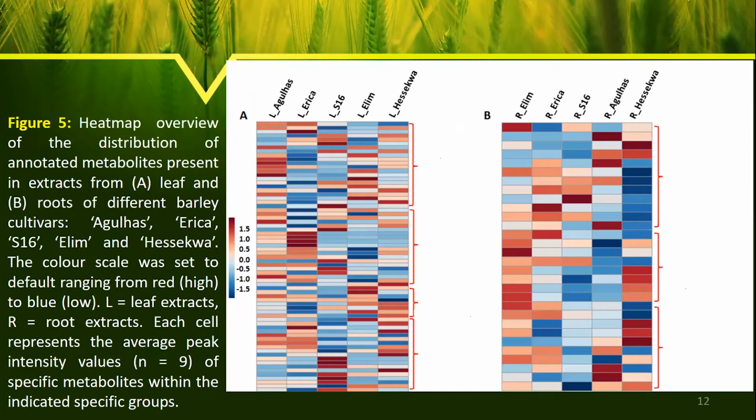The diversity observed in the class of annotated metabolites was remarkable when investigating individual metabolites across cultivars. This was infographically illustrated in heat map format, highlighting the differential relative concentration of specific metabolites within each metabolite class.